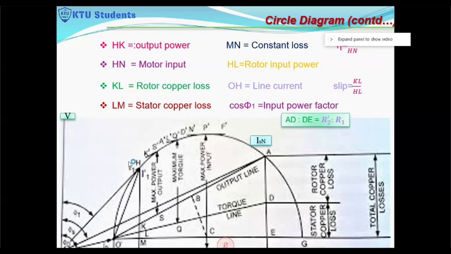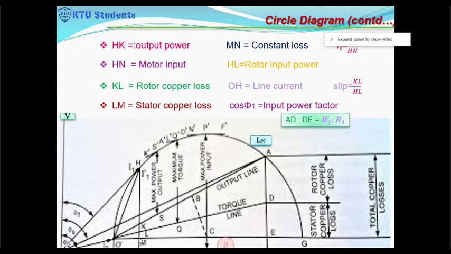You can choose any arbitrary point in the semicircle, then draw a vertical line. This vertical line will meet the output line at the point K. The next point is L, where it meets the torque line, and the next will be meeting the horizontal line drawn from the tip of the I0. Another will be meeting at the point N, that is on the reference axis.